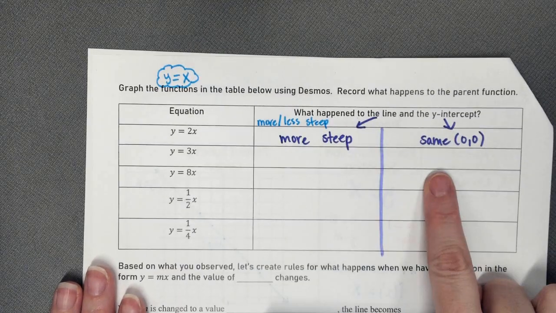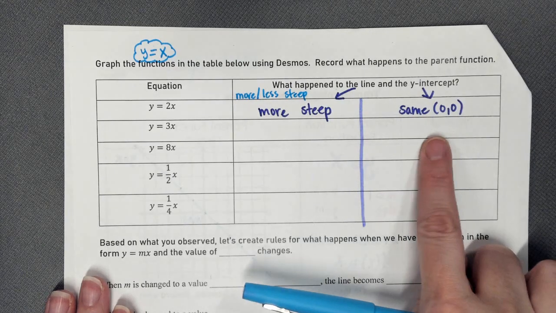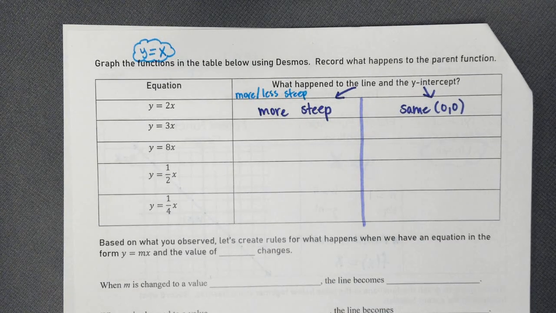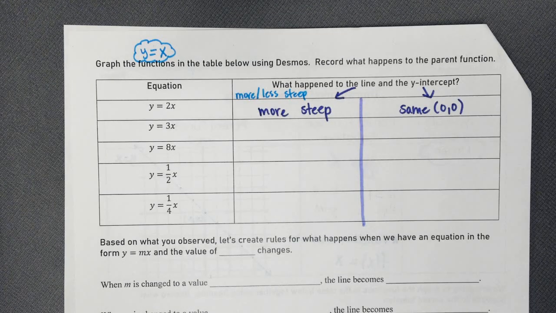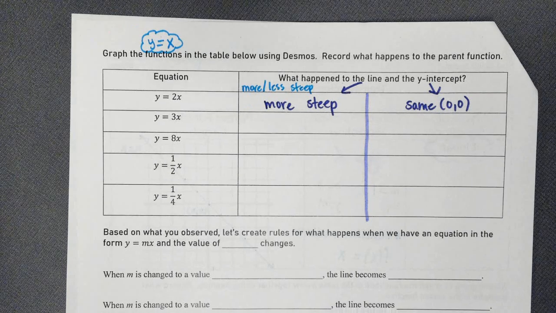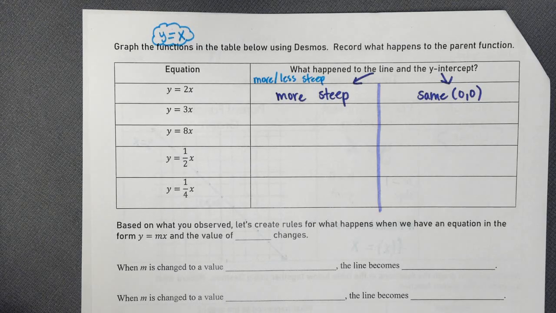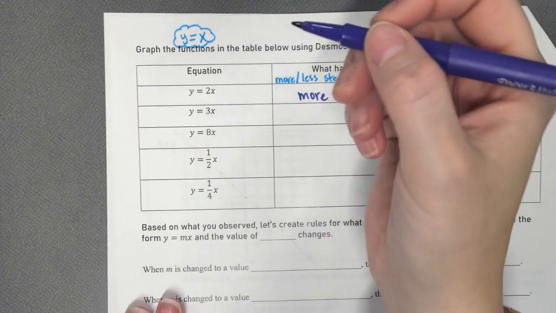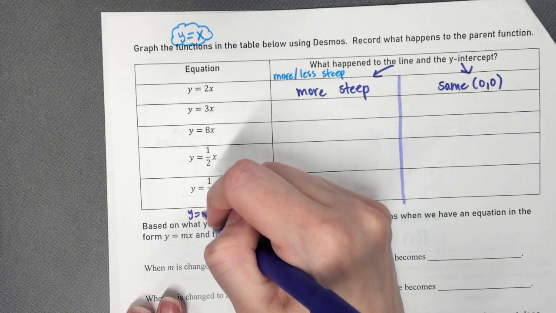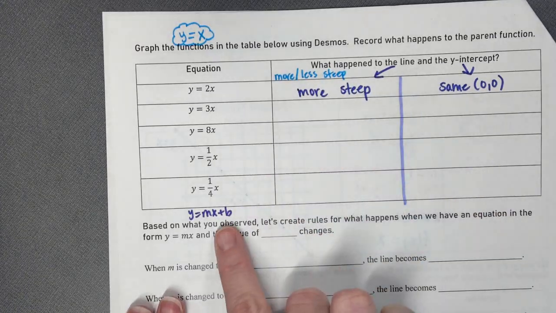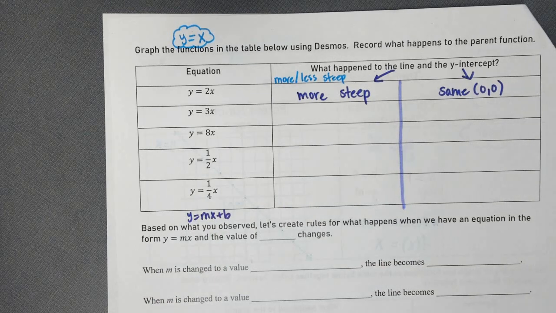And then for the y-intercept, it's either going to be the same, or if it changes, tell me what that is. Okay? Yep, it's the same, and it's at... Yeah, so remember, if we think of this in the form of y equals mx plus b, what was your b value for all of those?